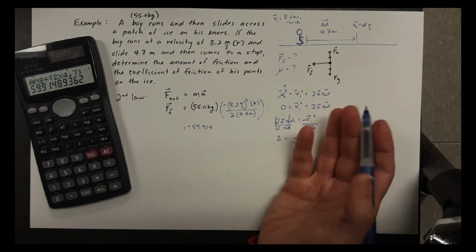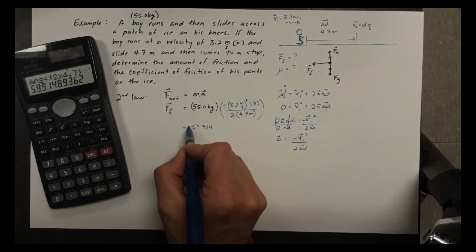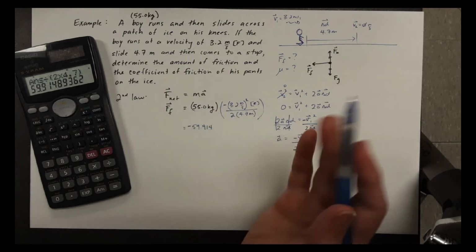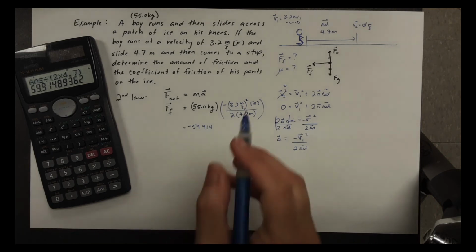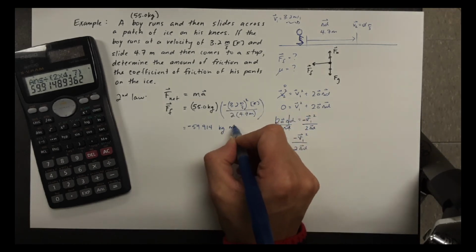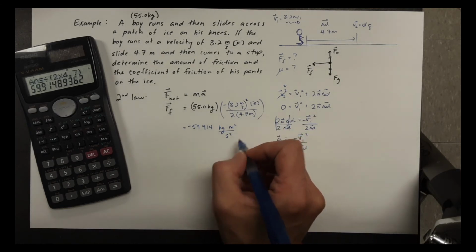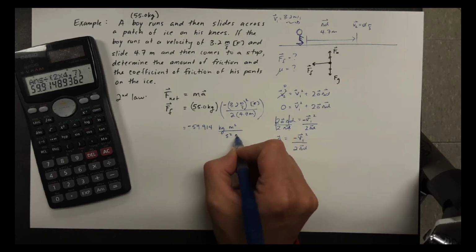Negative to the right. Also, I should probably take a look at my units. So I didn't bother putting the negative in my calculator. I don't know if you noticed that, because I know that that will still be there. So I have a kilogram, then I have a meters squared per second squared, but I also have a 1 over meters here as well.